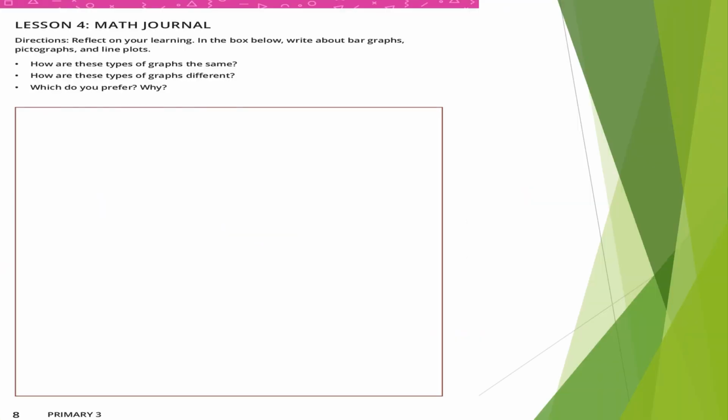Our math journal. How are these types of graph the same? We said that we have 3 types of graph. How are they the same? All of them show data and have a title. And how are these types different?